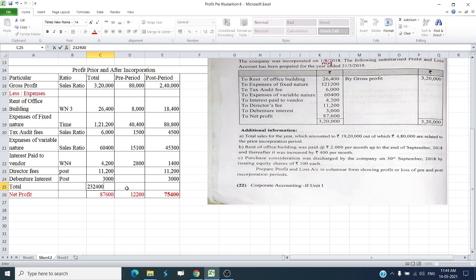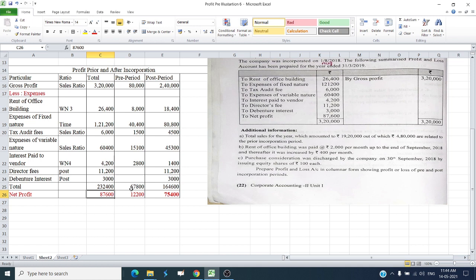Also add all these expenses, it will come 67,800 for the pre period, and for the post period it will come 1,64,600. Okay, and here we have to subtract this total from gross profit, and after that we will get the net profit, that is 87,600.